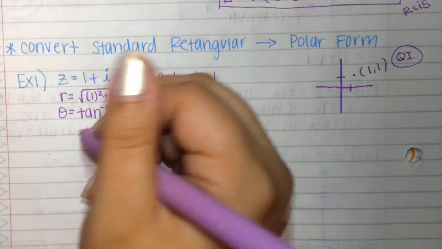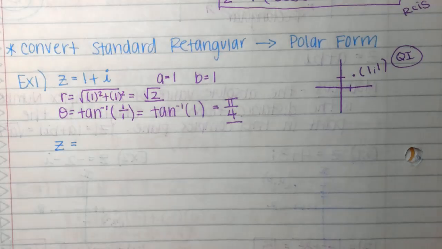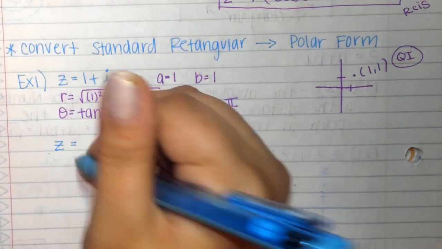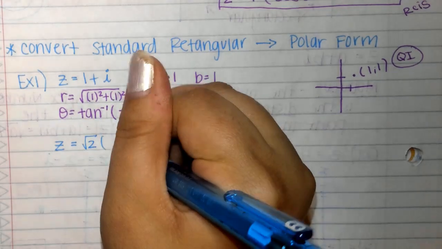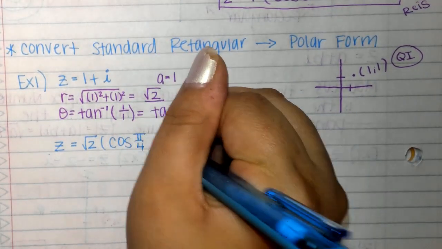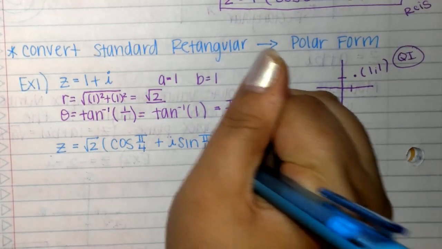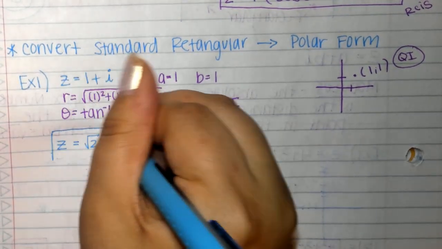Alright, so now we just need to write the equation. And this is where our cis comes in. What's my R? R times cosine of pi over 4 plus I sine of pi over 4. And that's your answer. You're not solving it out.